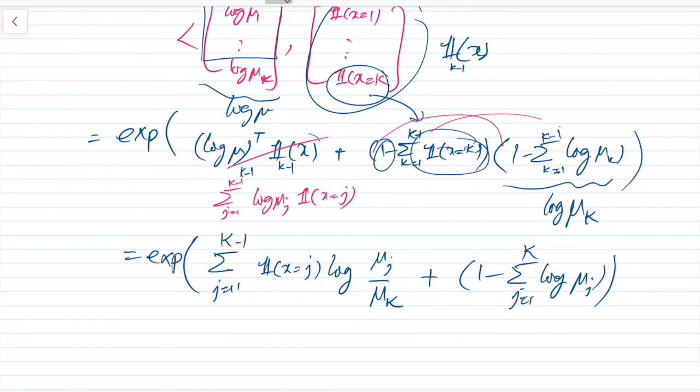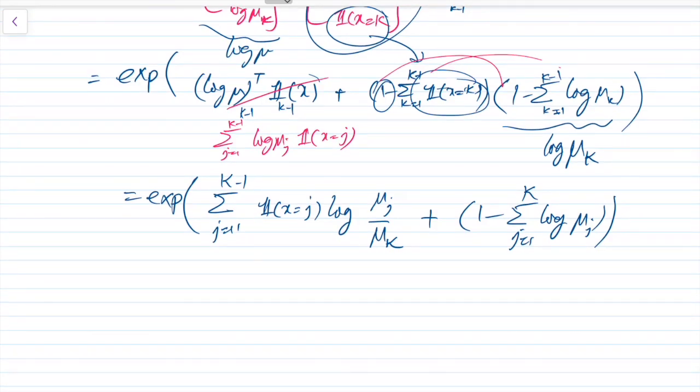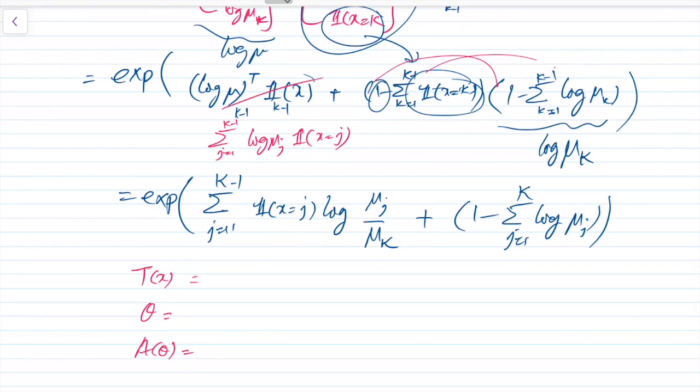Now, okay, if you stare at this, what is my tx? What is my theta? And what is my a theta? So let's start with tx. You can write it as an inner product, right? So what is tx? This is an inner product.